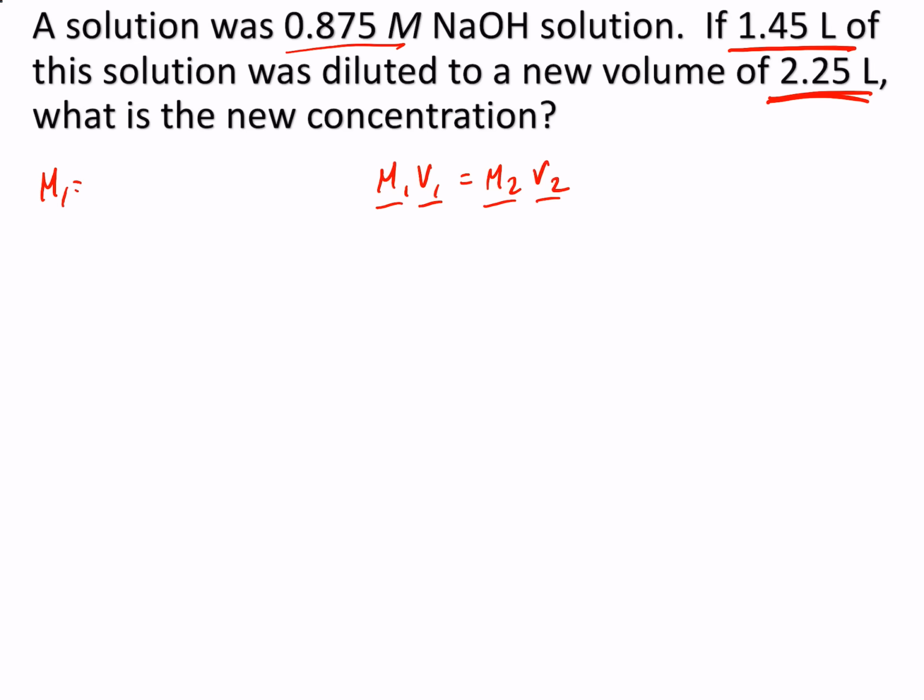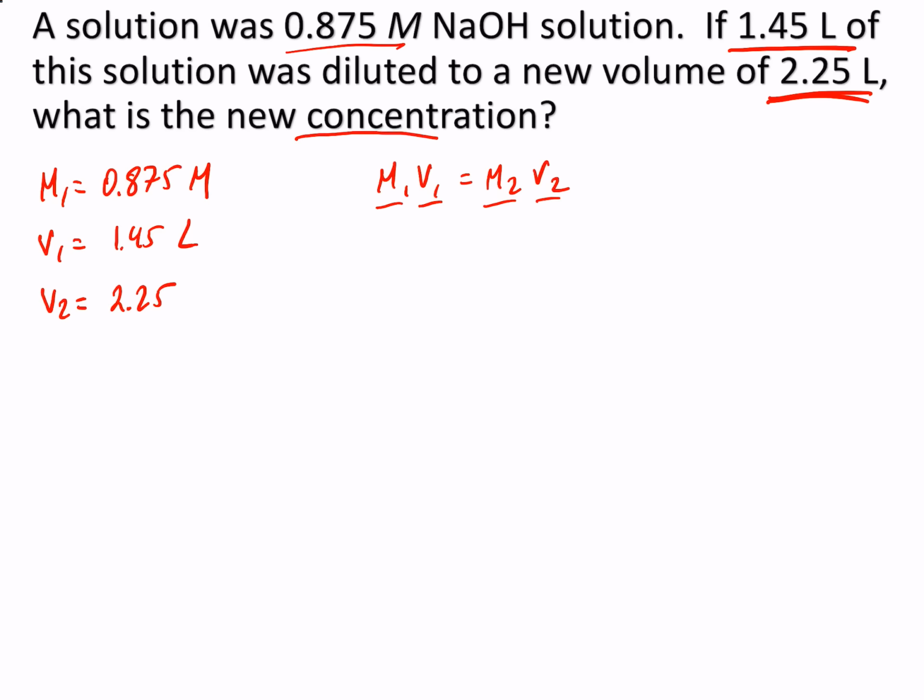So let's start with M1, and basically you can assign M1 to the first concentration that you see in this problem. So M1 is going to be 0.875 molar, and that 145 liters go along with that 0.875 molar. So V1 is 145 liters. The next quantity is a volume. So if you already identify that 145 as volume 1, then volume 2 is 225.